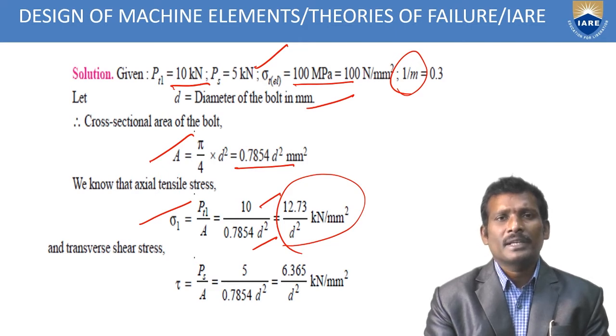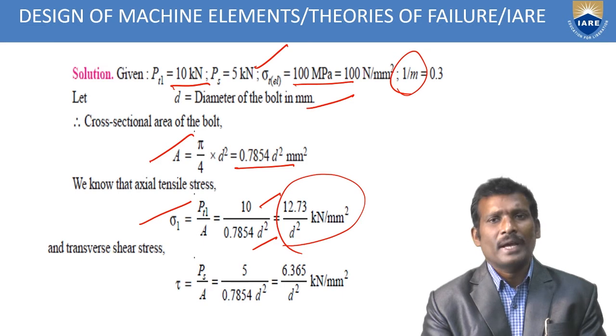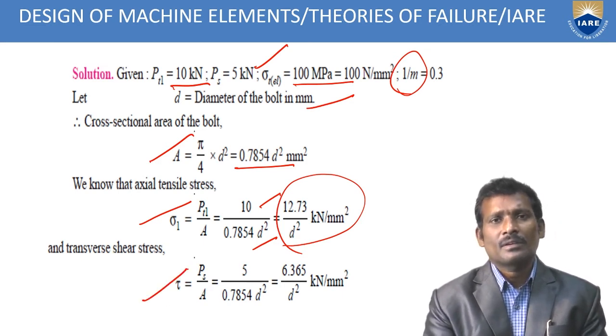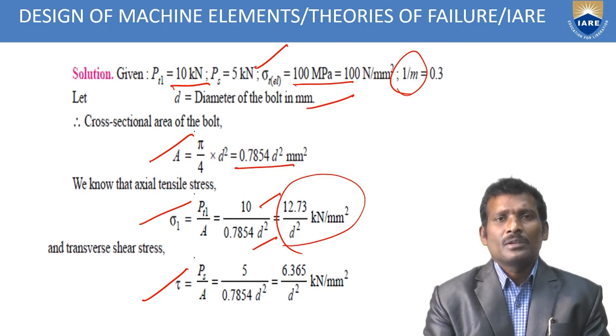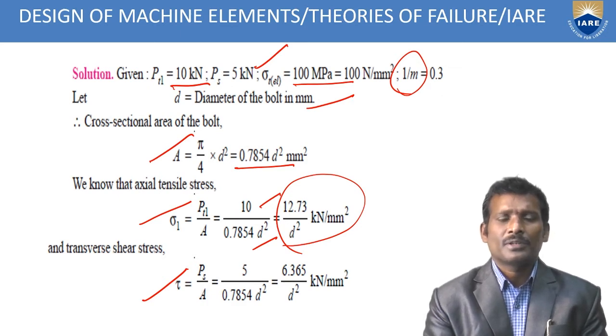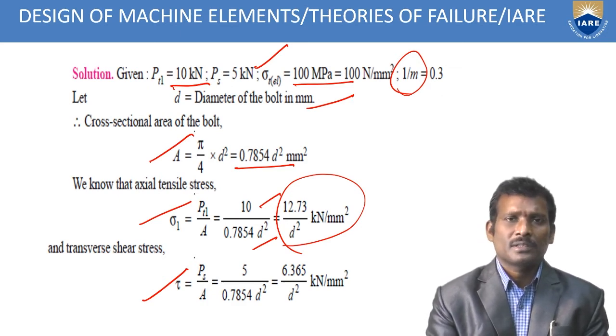Similarly, calculate the transverse shear stress. Why? Because here shear load is also acting. The shear stress is equal to shear load by cross-sectional area. Suppose the component is subjected to shear load, shear stress will be induced. If the component is subjected to tensile load, tensile stress will be induced.